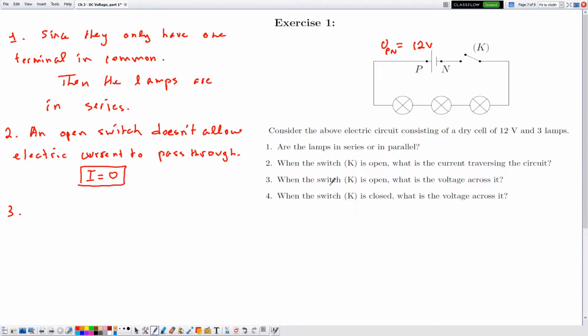Now in number 3 they are telling me when the switch K is open, what is the voltage across it?